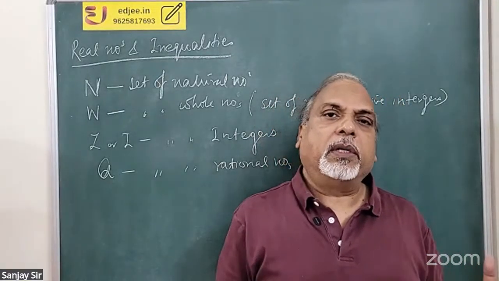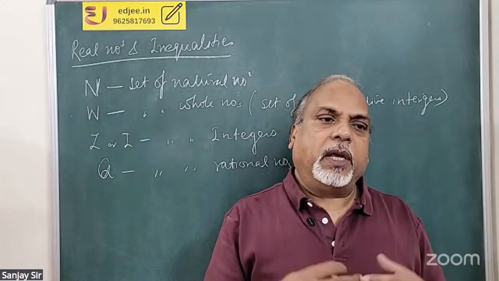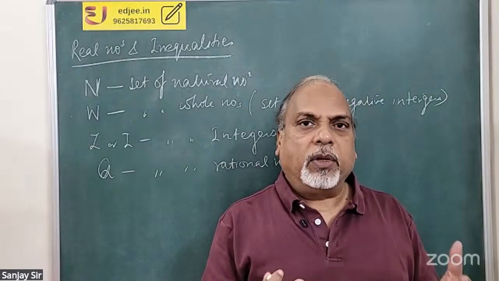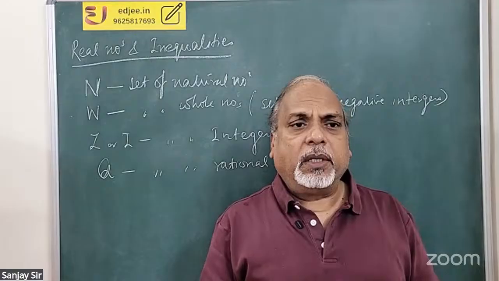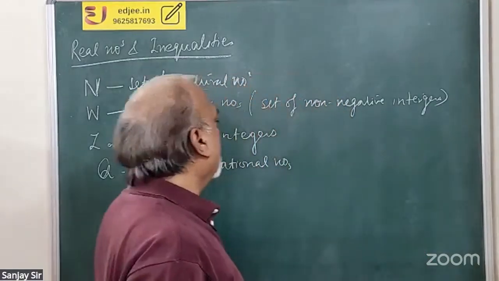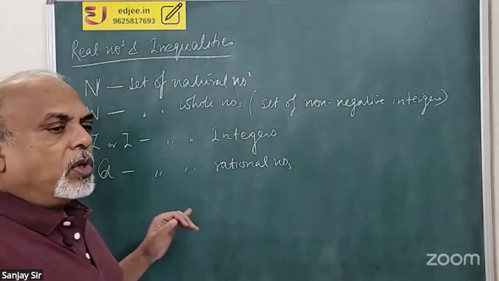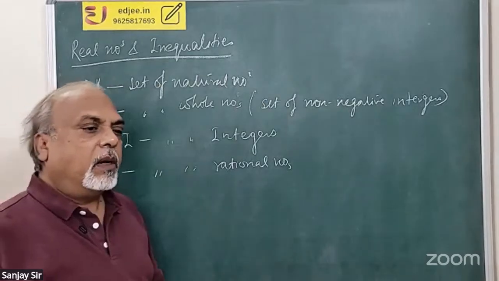It is a universal set, whereas its subsets are set of natural numbers, set of whole numbers, then set of integers, rational numbers, and irrational numbers also. Correct? So Q is generally for the rational numbers.